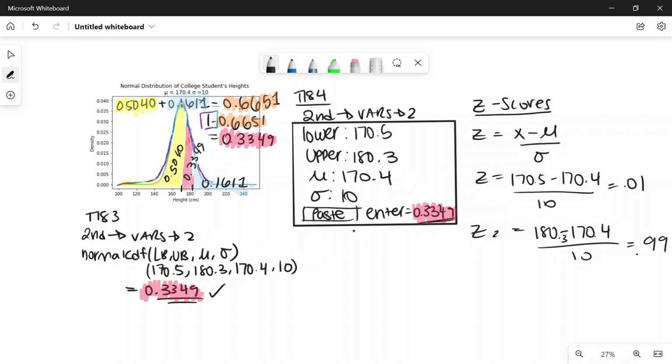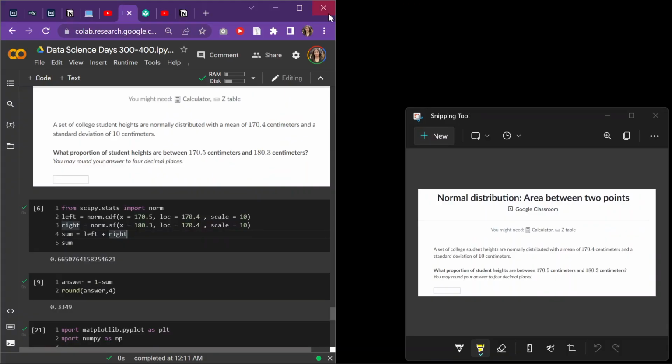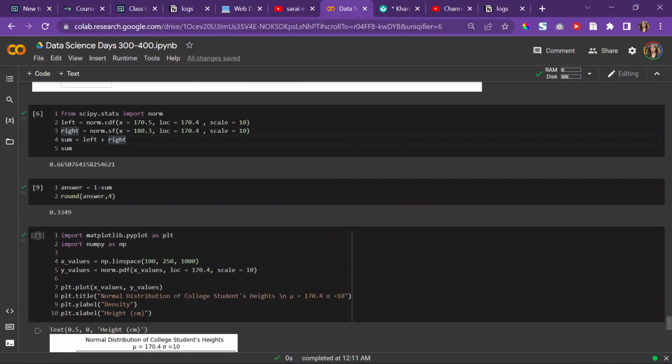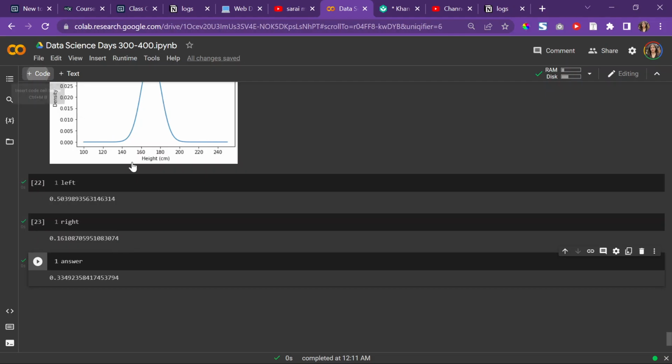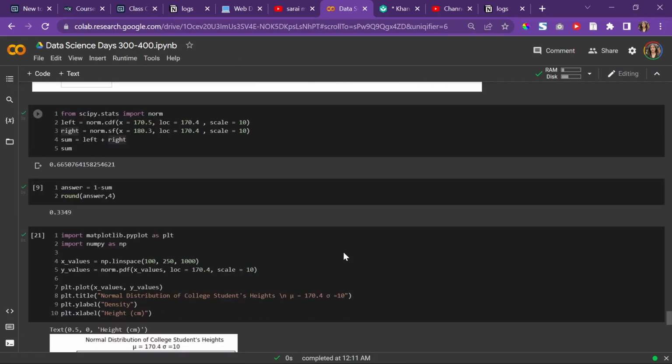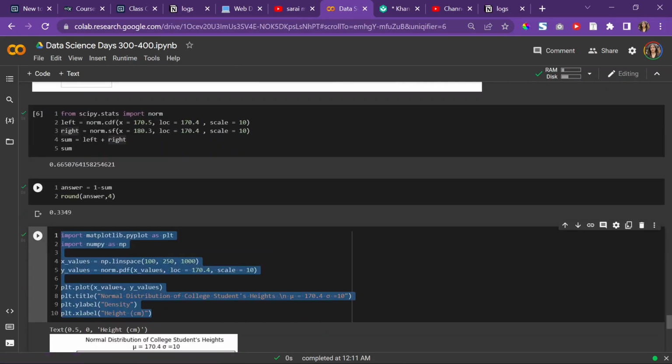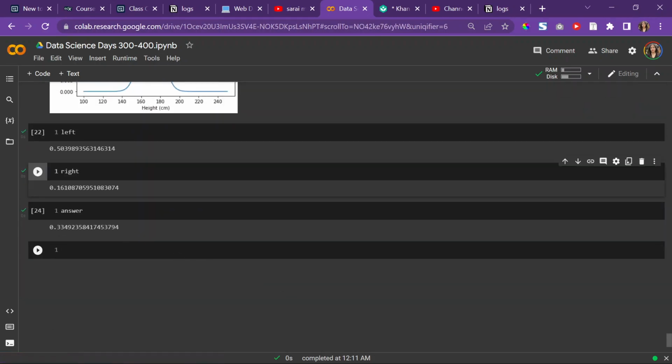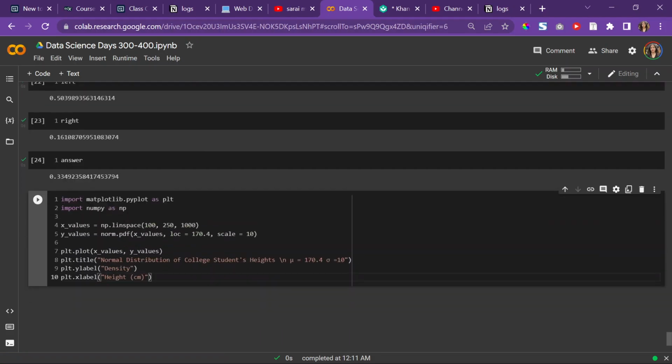And so then what I would have had to do is use a standard normal graph, which I can plot real quick. The standard normal graph would literally be this, but with the mean of 0 and a standard deviation of 1.